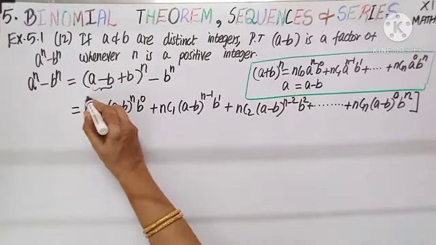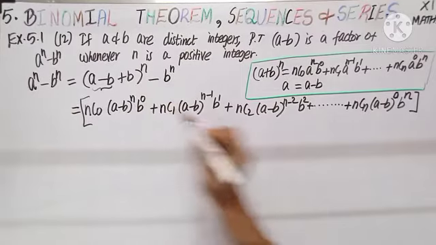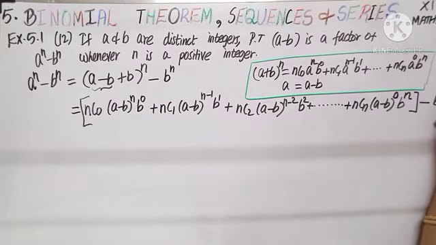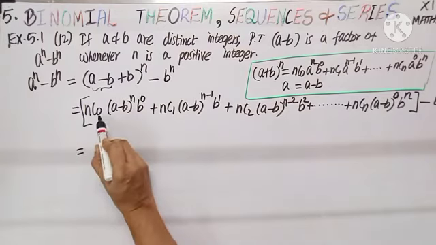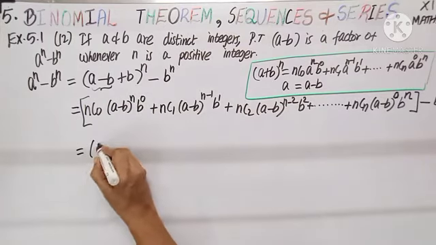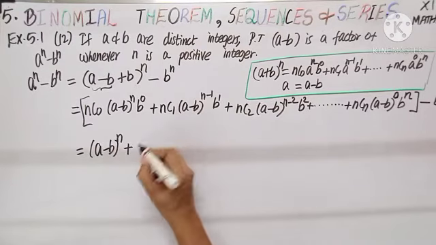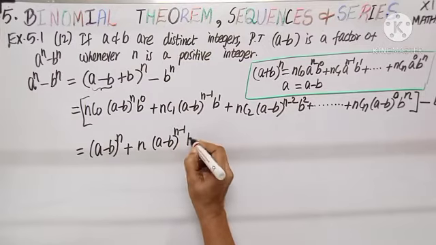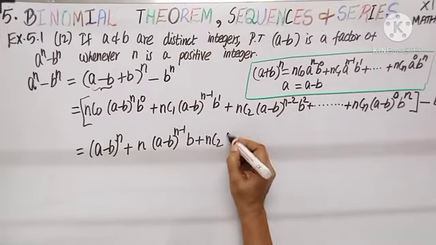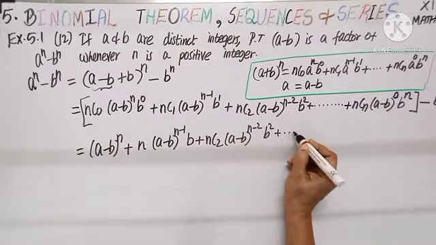We have completed the expansion. You have one more term, minus b power n. The next step: nC0 is 1, b power 0 is 1. I am left with (a minus b) power n. nC1 is n, (a minus b) power n minus 1 b. nC2 (a minus b) power n minus 2 b square.